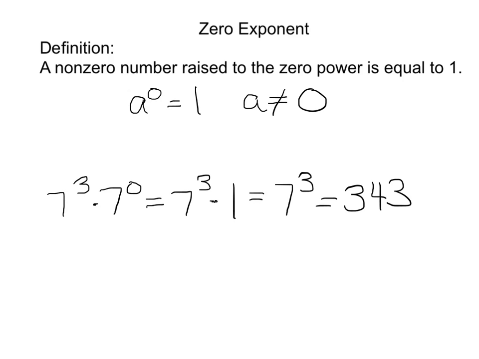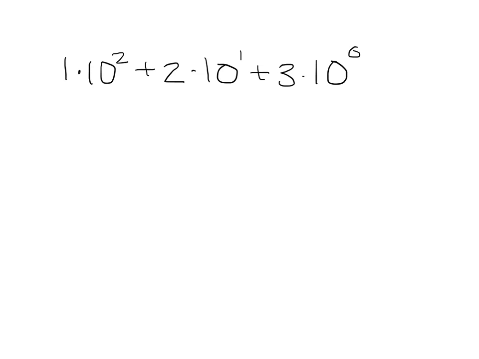Let's try another example. Let's say we have 1 times 10 to the 2nd plus 2 times 10 to the 1st plus 3 times 10 to the 0. So 1 times 10 to the 2nd gives me 10 to the 2nd.